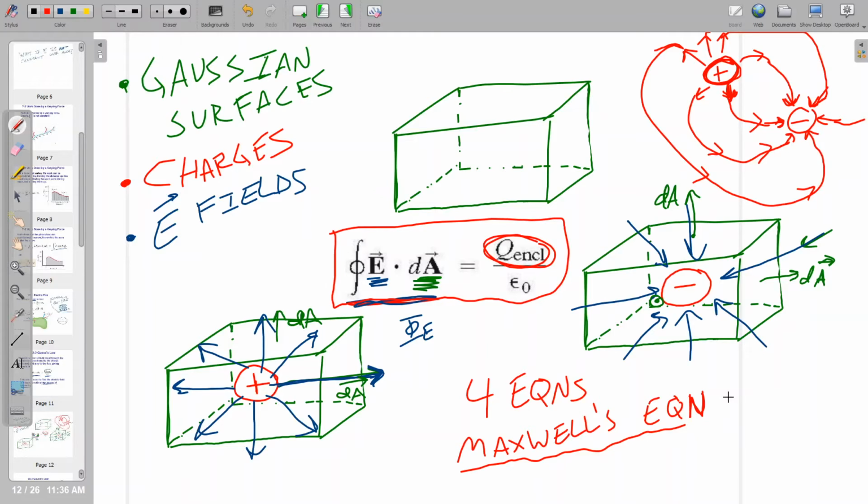My goal is, by the end of this class, you will understand these four equations. And from those four equations, you can derive all electromagnetic phenomena short of anything on the quantum scale.